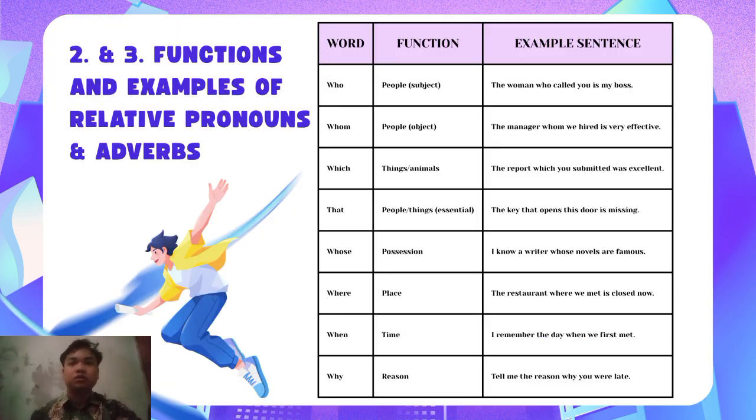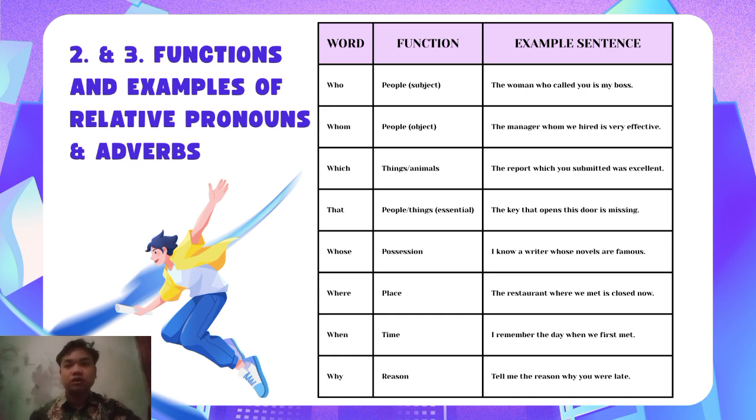Now let's break down the words that introduce adjective clauses. This table shows their function and gives an example for each. Who is for people as a subject, like the woman who called you. Whom is for people as an object, which is for things or animals.